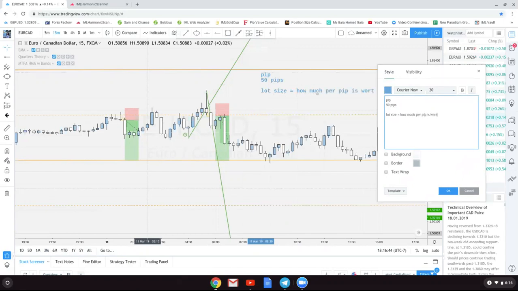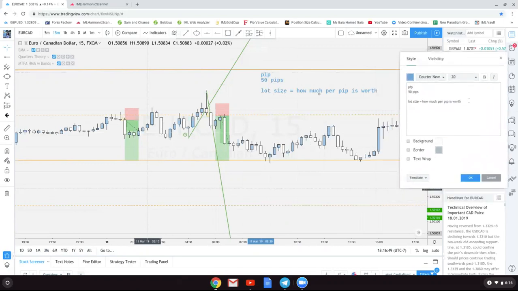So basically, it's like the leverage you're using in the market, but there are some variations. Essentially, the overall idea is that the smallest lot size, 0.01, here, let me show you, 0.01 is 10 cents per pip.